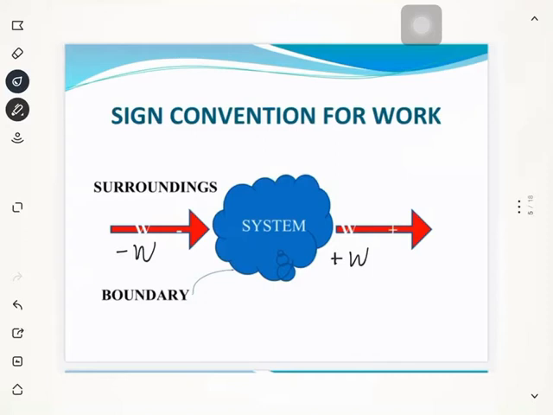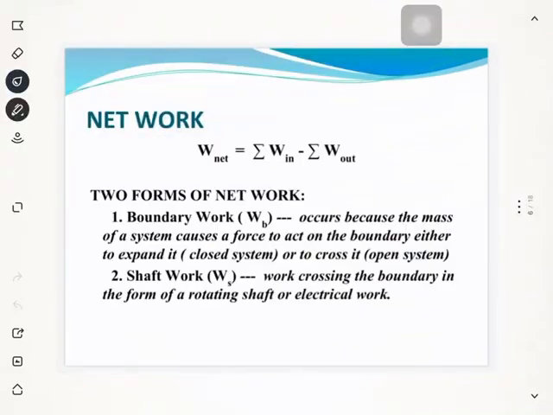By that, we can have this net work, which is W net, equivalent to the summation of work in minus the summation of work out.